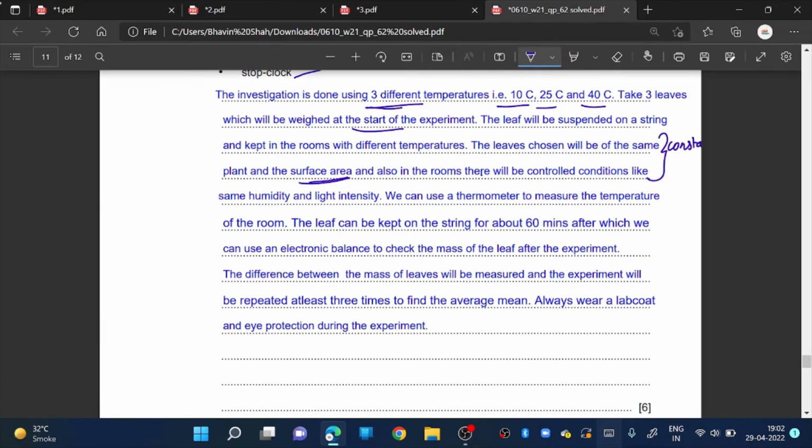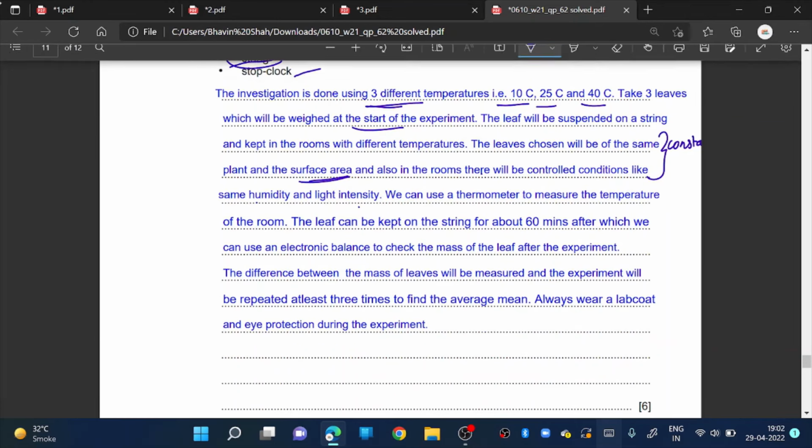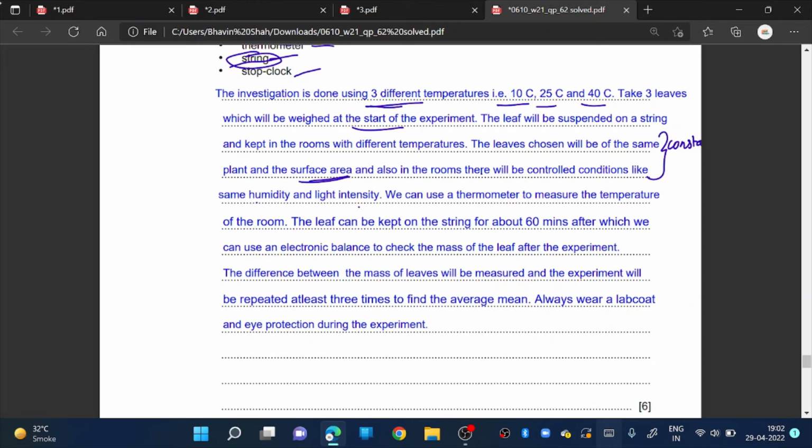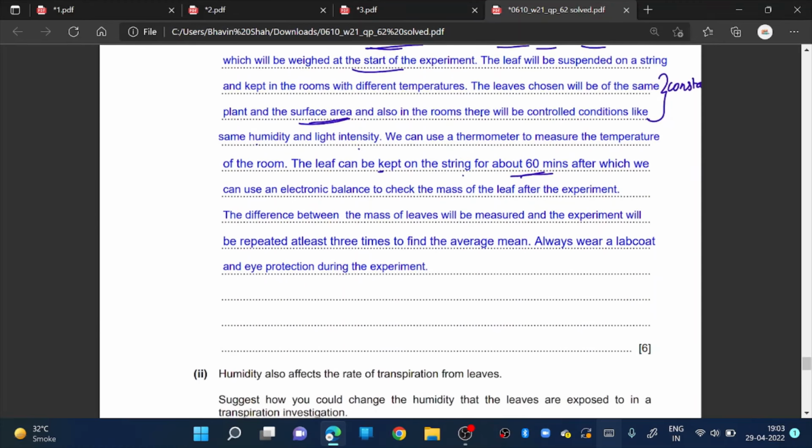So there are also controlled conditions like same humidity and light intensity, so that the humidity and all do not affect the rate of transpiration. We can use a thermometer to measure the temperature of the room. The leaf can be kept on the string for about 60 minutes, that is about an hour, after which we can use an electric balance to check the mass of the leaf after the experiment.